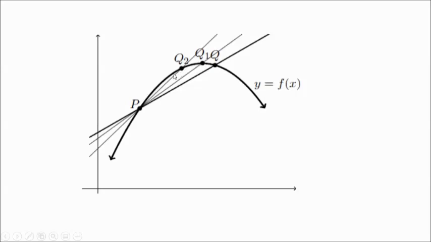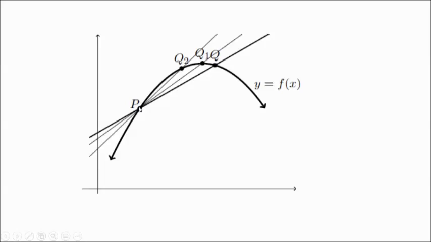So we can actually make several more na secant lines, di ba? Just dito. And then, if you notice, papunta yung points dito sa P. The points are approaching P.